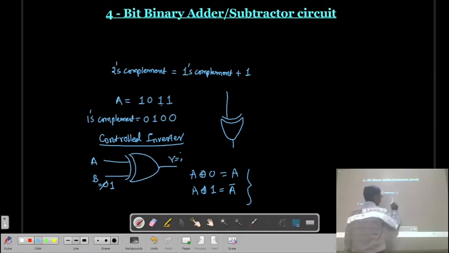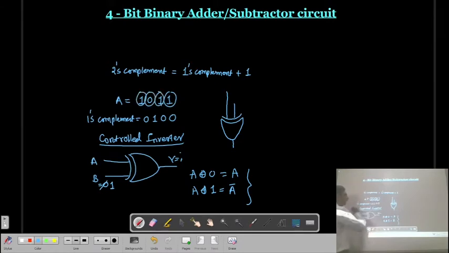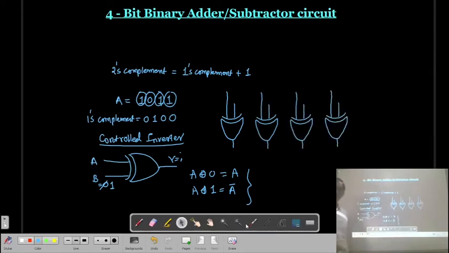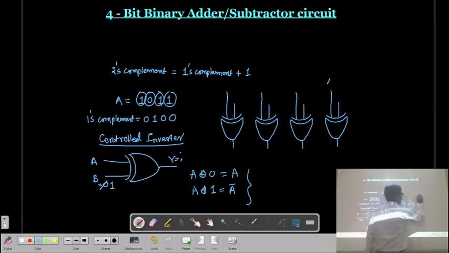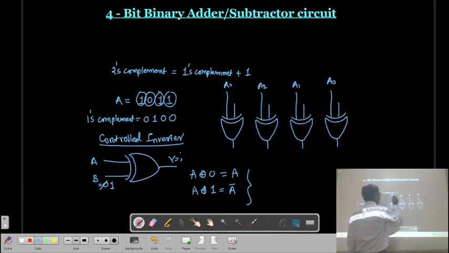Here you can see that one input is there, another input, and this is the output. Now for the 4-bit number, means the 1st bit, 2nd bit, 3rd bit, and the 4th bit, we require 4 exclusive OR gates. You can see the 4 exclusive OR gates, and one of the numbers I am applying, LSB first, that is A0, A1, A2, and A3.